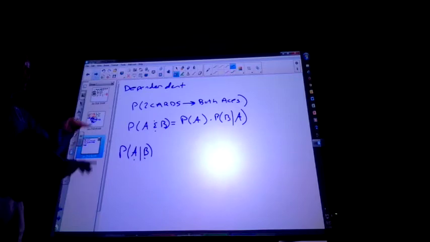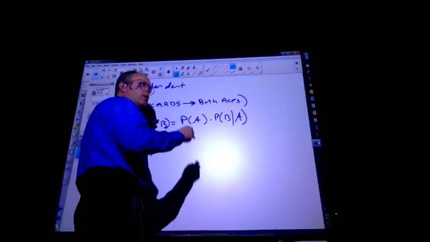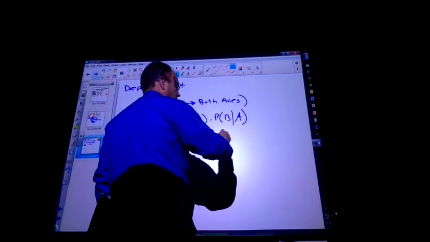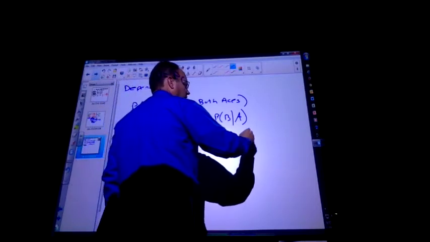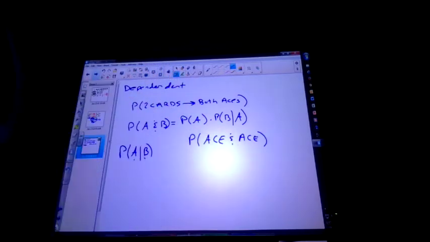So let's talk about the ace and the ace. Okay, I want to know what the probability of me drawing an ace and an ace, but I don't want to choose again. I want to put 2 cards down. I'm going to pick up the first card. If it's an ace, I'm then going to flip the next card to see if it's an ace.